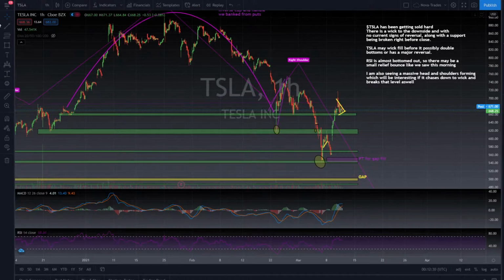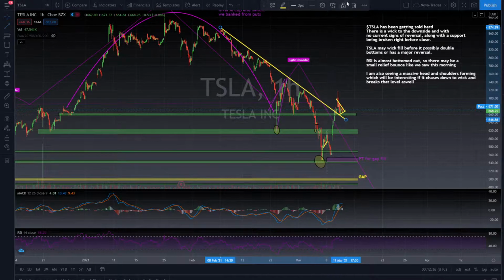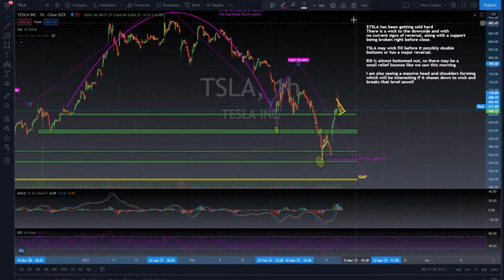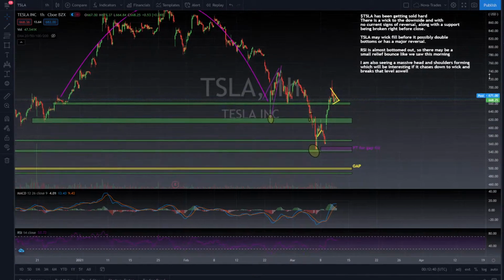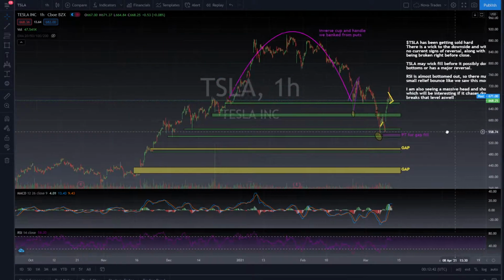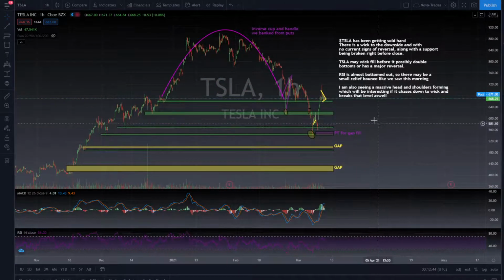Did it break its downtrend? I think it did break the downtrend if I'm not mistaken. Yeah, okay, it broke the downtrend. But we'll just have to see with Tesla. It is flagging right now. It does have room to go to like 718, which I know it opened at today. So it just needs to reclaim that 700 level.